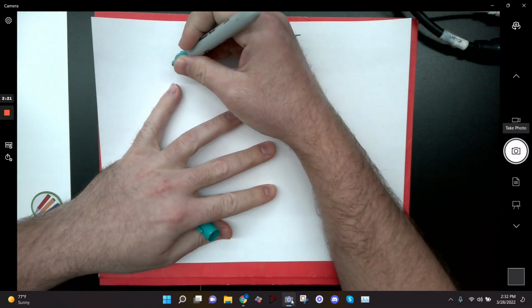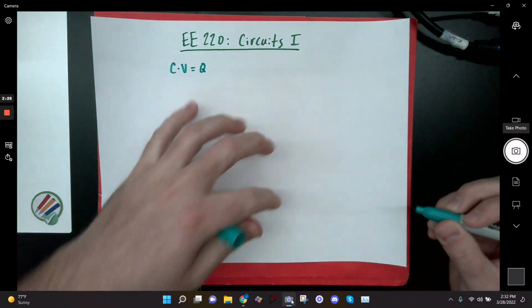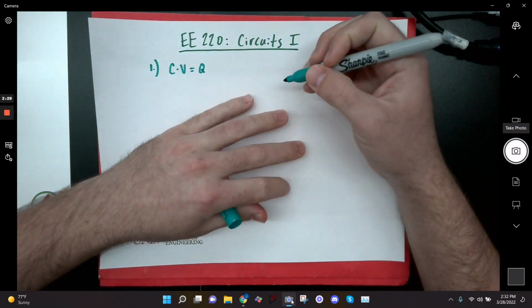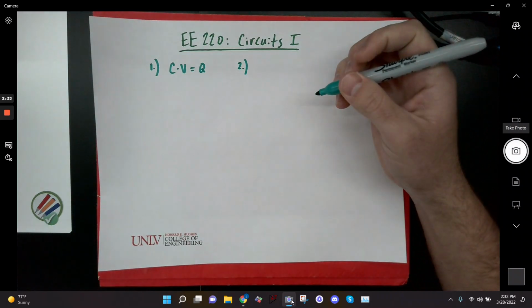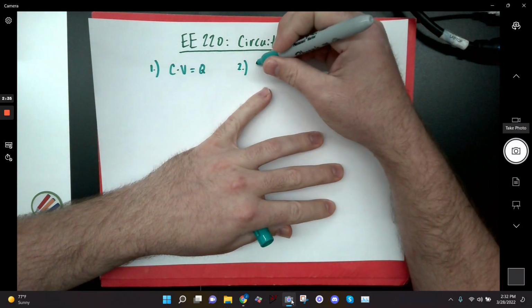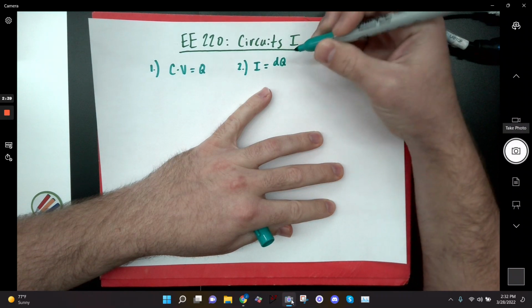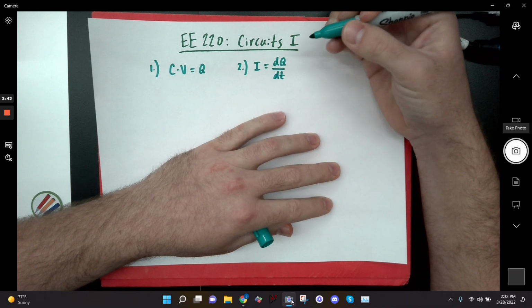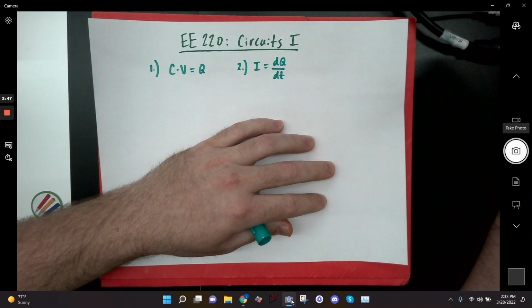So far we know that C times V equals Q. Current, in general, by definition, is the rate of change of charge with respect to time. It's basically telling us how much charge flows per unit of time.